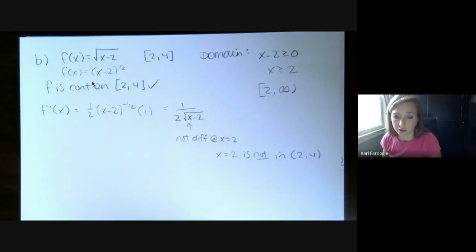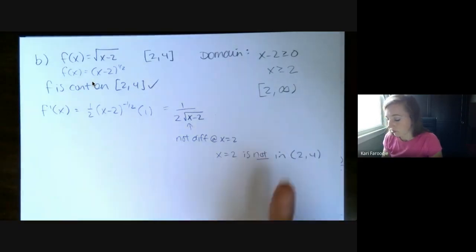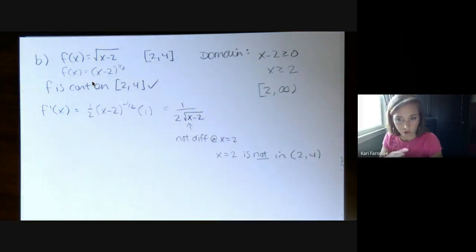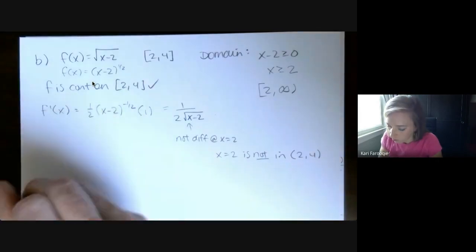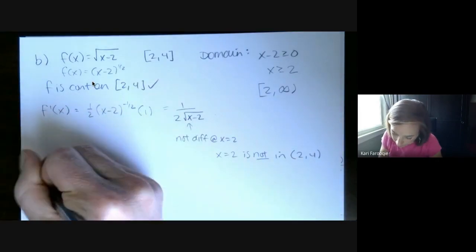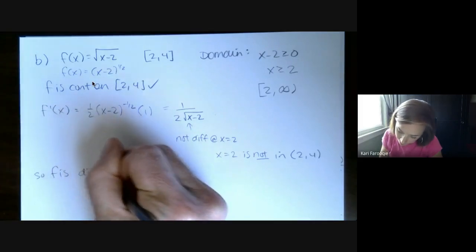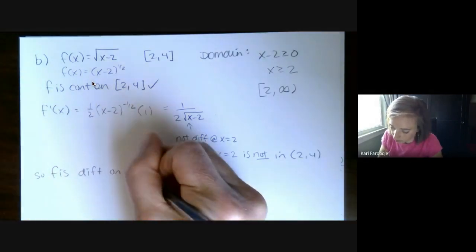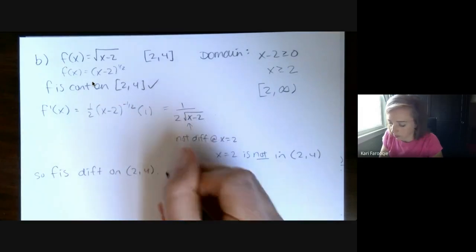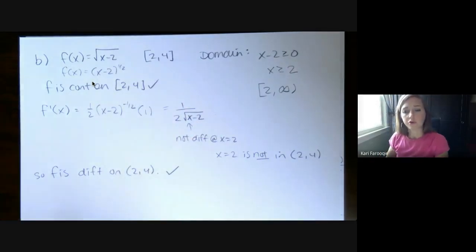So our differentiability actually is good here. We are differentiable inside this open interval from 2 to 4. Remember, this does not include the value 2. It just goes beyond 2, between 2 and 4. So we would say that f is differentiable on the open interval from 2 to 4. Check. So we've shown now that the conditions for the mean value theorem are met.